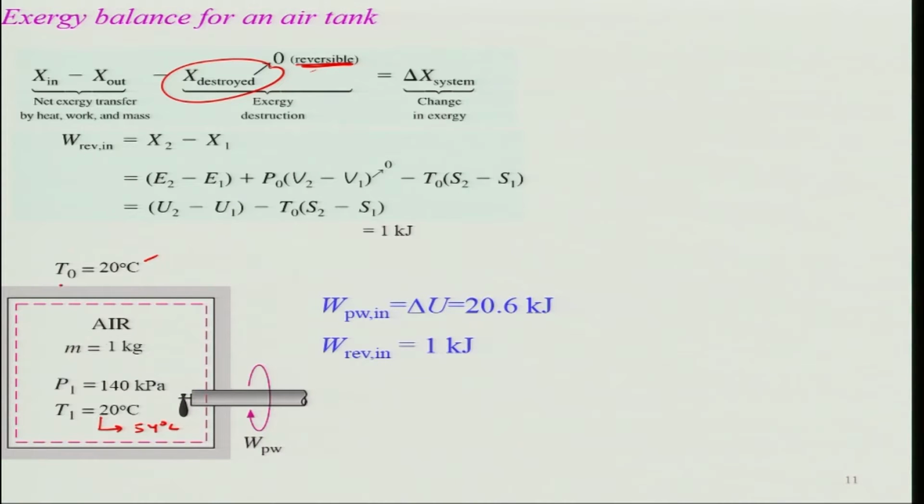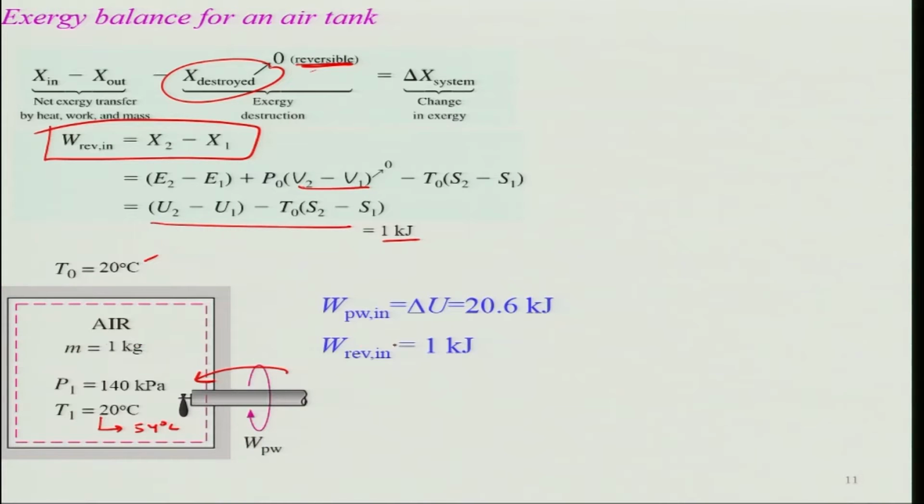So thus, considering it insulated, the only thing being supplied is your W reversible in, and thus your X in, that is W reversible in, is going to be simply the change in the exergy, which can be written in this form. Considering the change in the volume is 0, you can calculate this, and it turns out to be 1 kilojoule for the case of air, considering ideal gas.